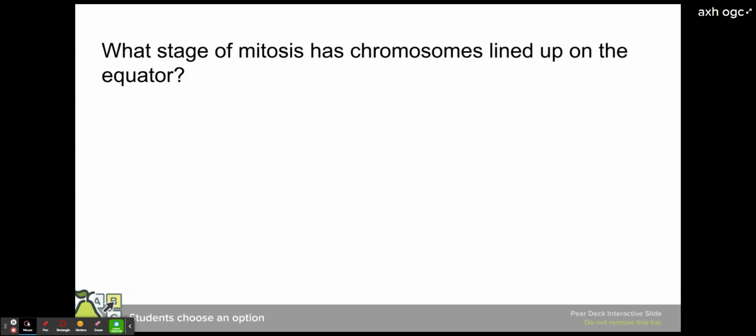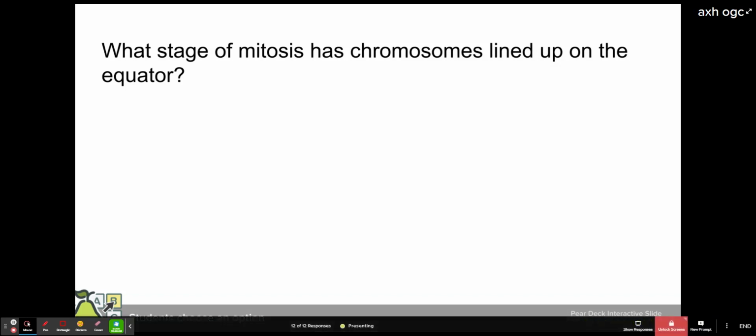Zach, Isaiah? All right, so lined up on the equator. Equator is the middle, so that's metaphase.